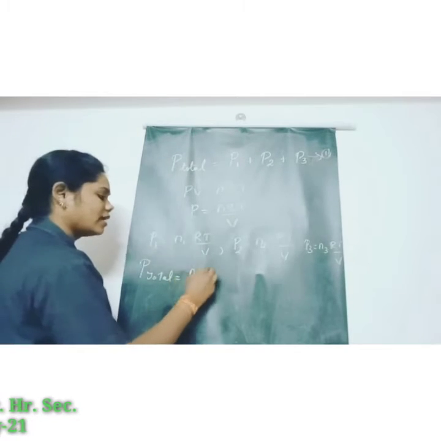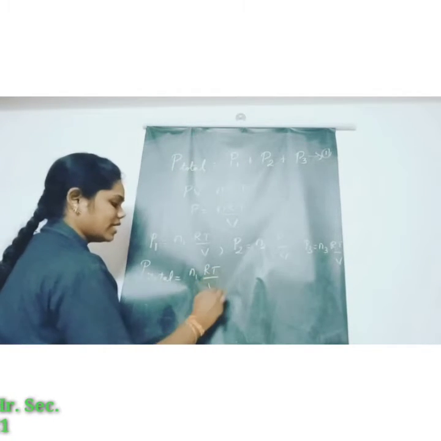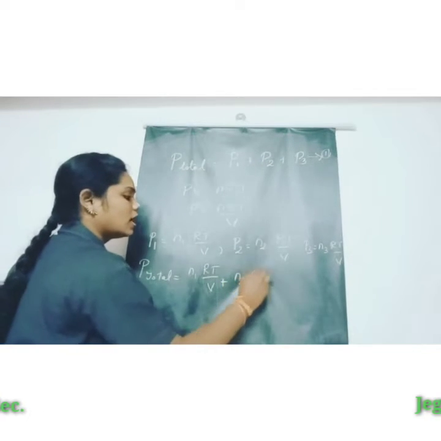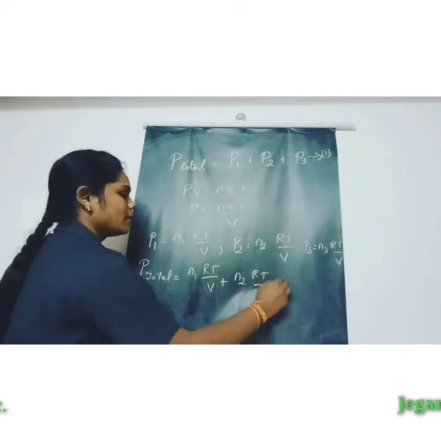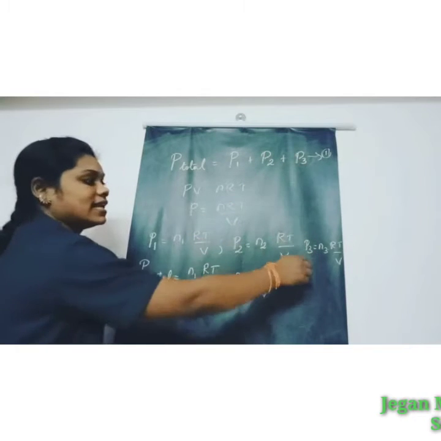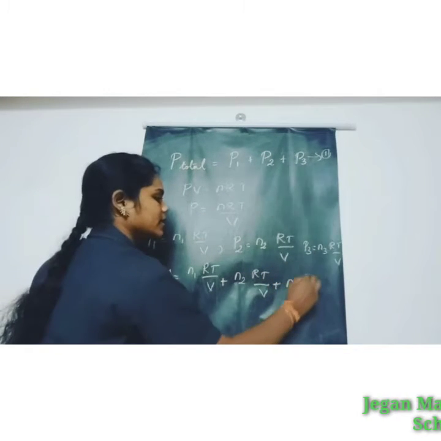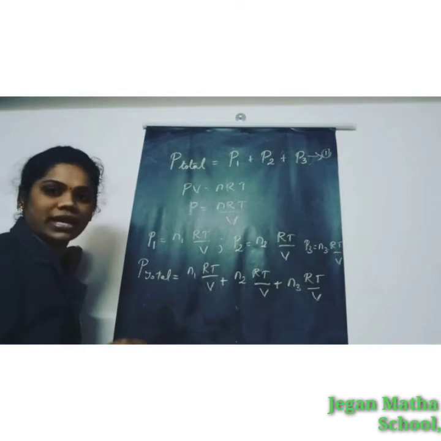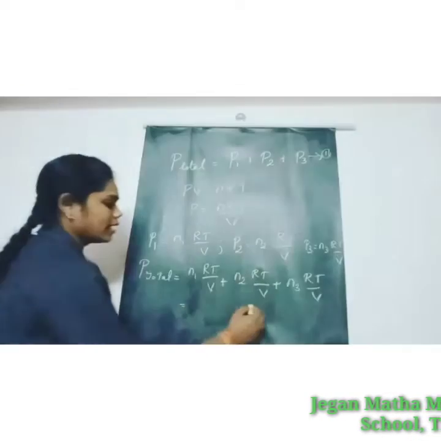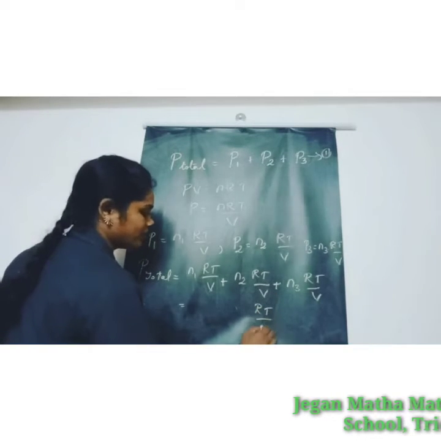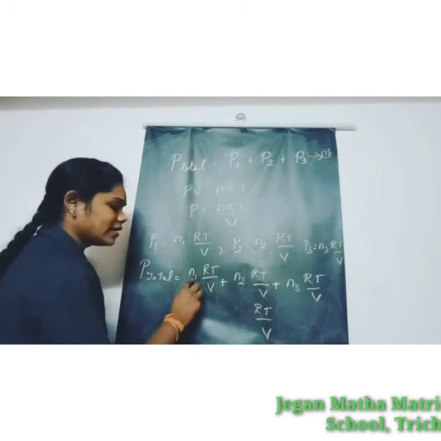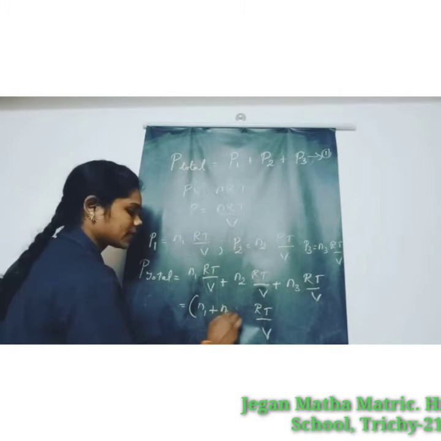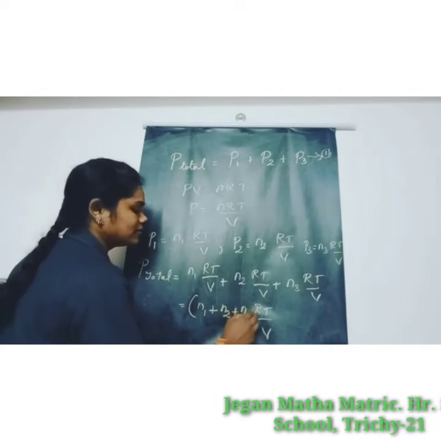That is N1 RT by V, plus P2, that is N2 RT by V, plus P3, that is N3 RT by V. Here RT by V is common, so you take RT by V outside. What is remaining here is N1 plus N2 plus N3.